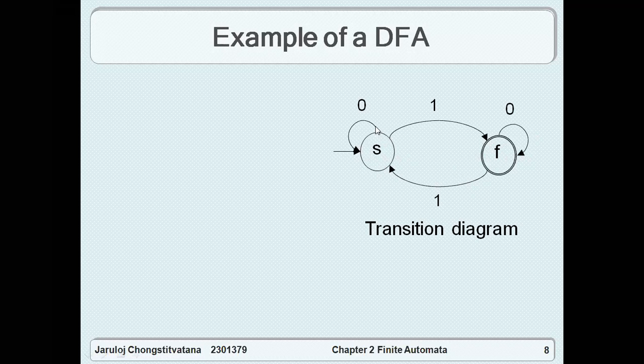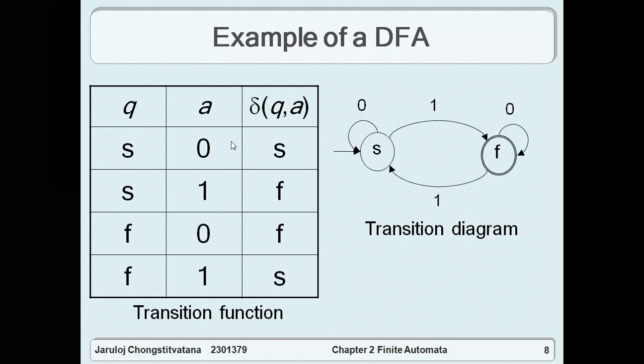So we are having the transition. The input alphabets are 0 and 1. So this is the transition diagram, and this is the transition table. Here Q is the states. This is one way of representing a transition table.